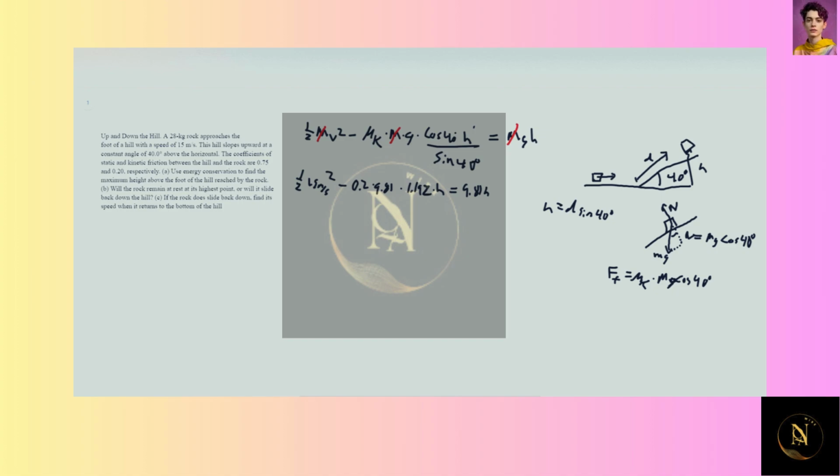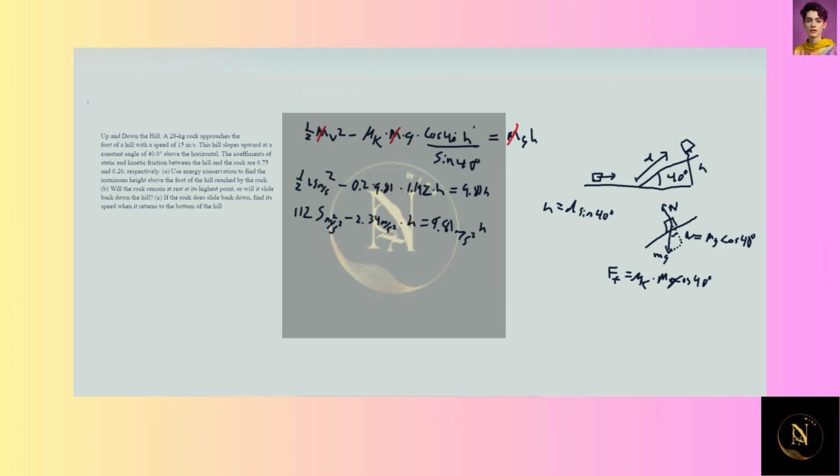Then I get 112.5 meters squared per second squared minus 2.34 meters per second squared times h, equal to 9.81 meters per second squared times h.